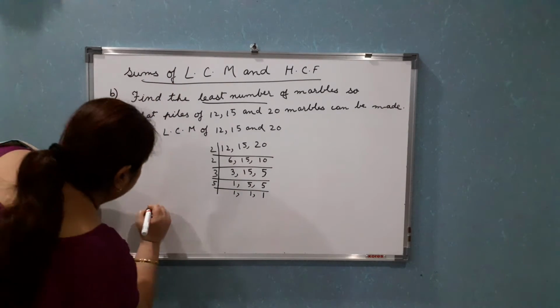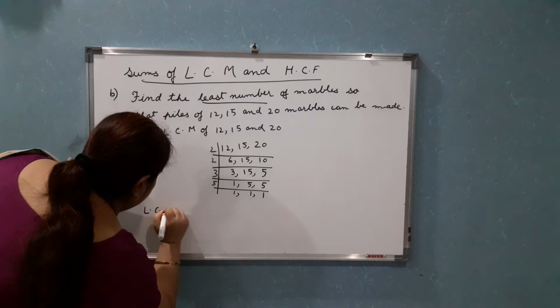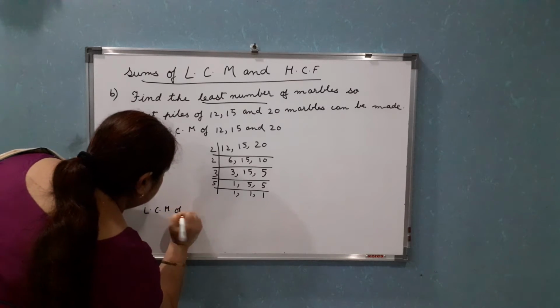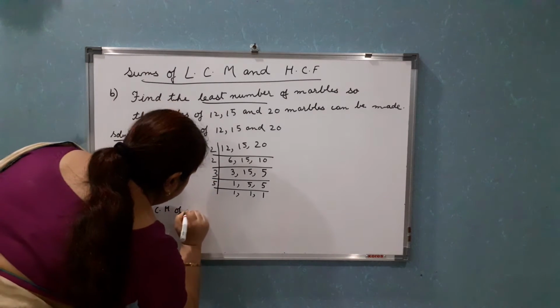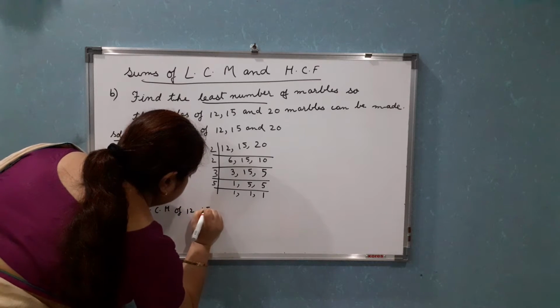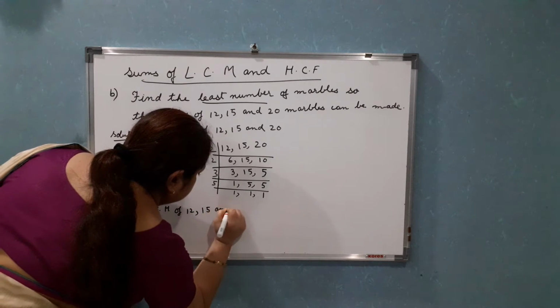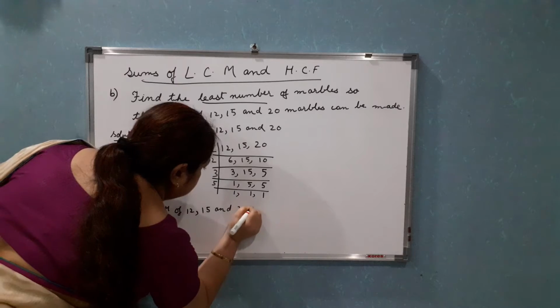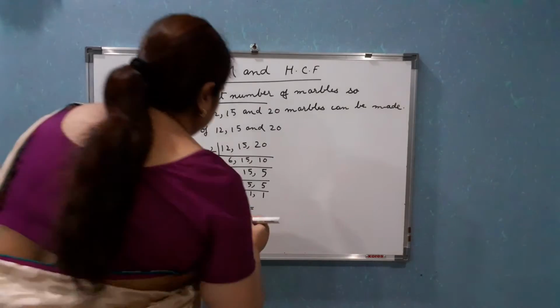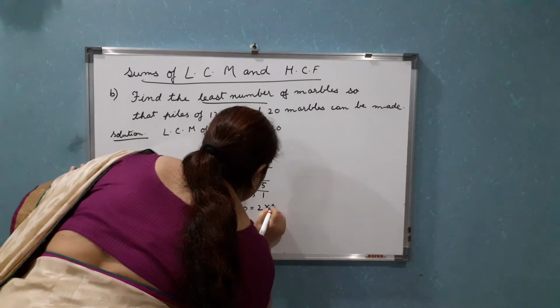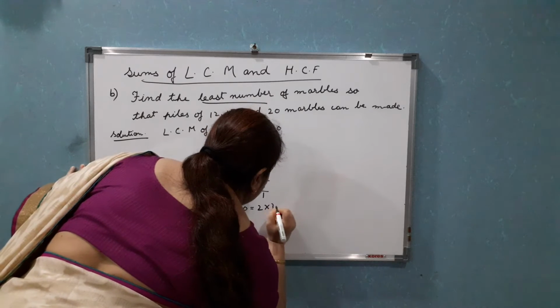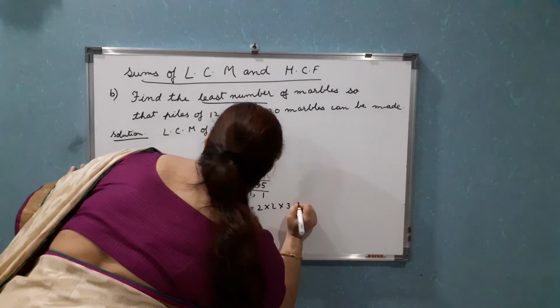Now find out the LCM of 12, 15 and 20 equal to 2 into 2 into 3 into 5.